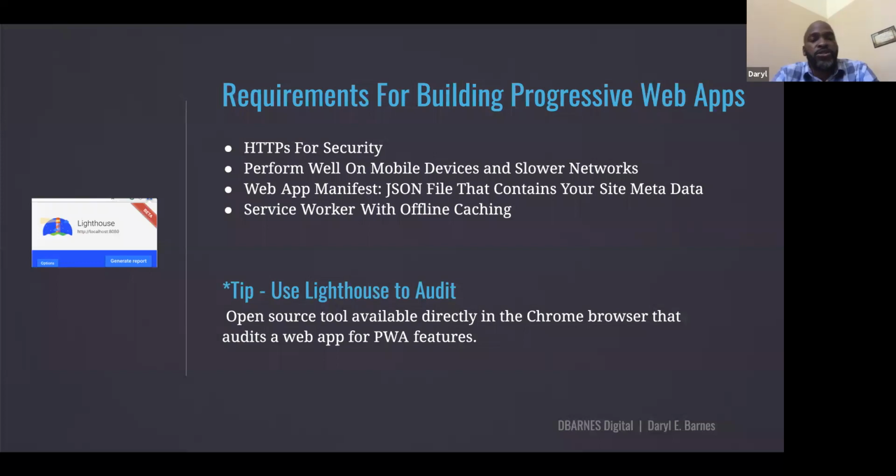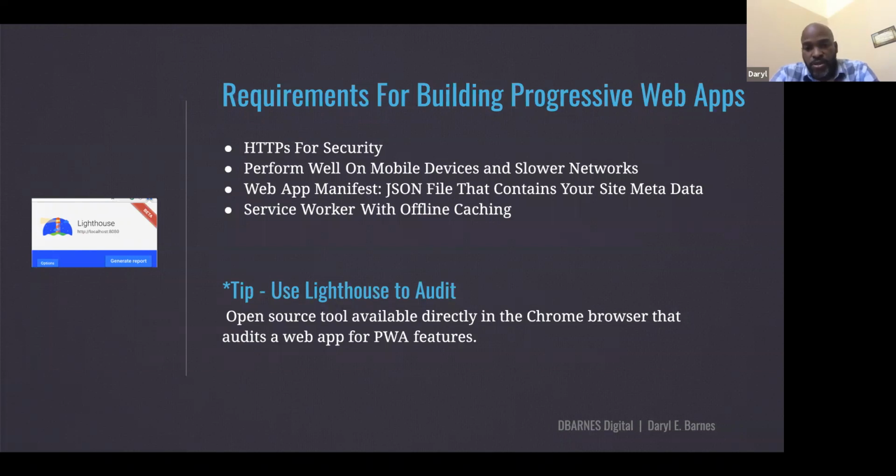Now, those 4 points are just the minimum requirements. To make sure you have all these requirements met, Google makes a tool called Lighthouse that allows you to audit your application to make sure it follows all the requirements.